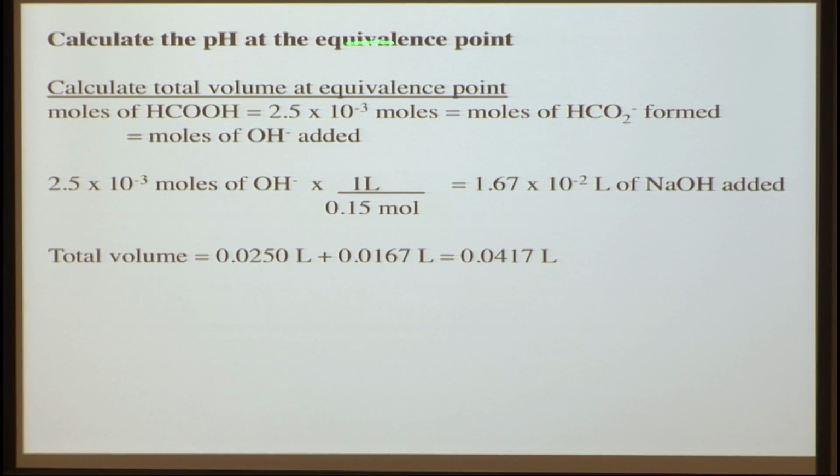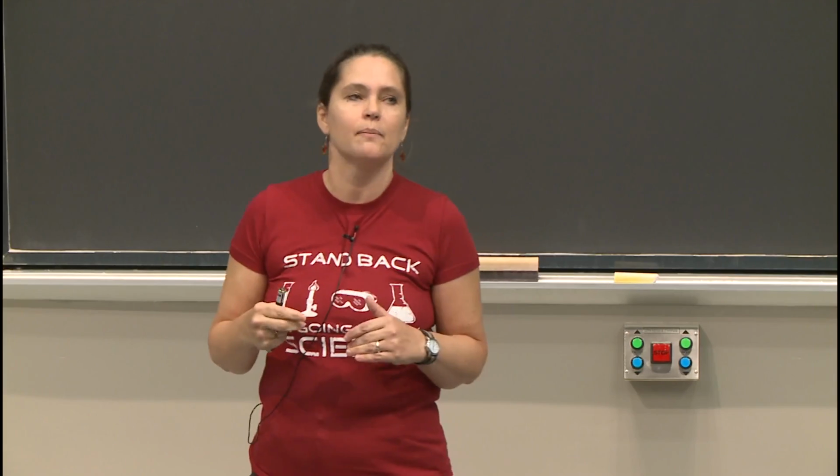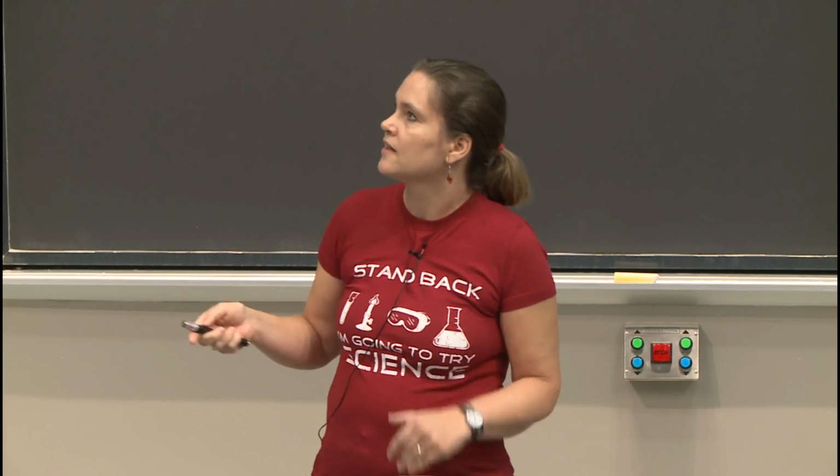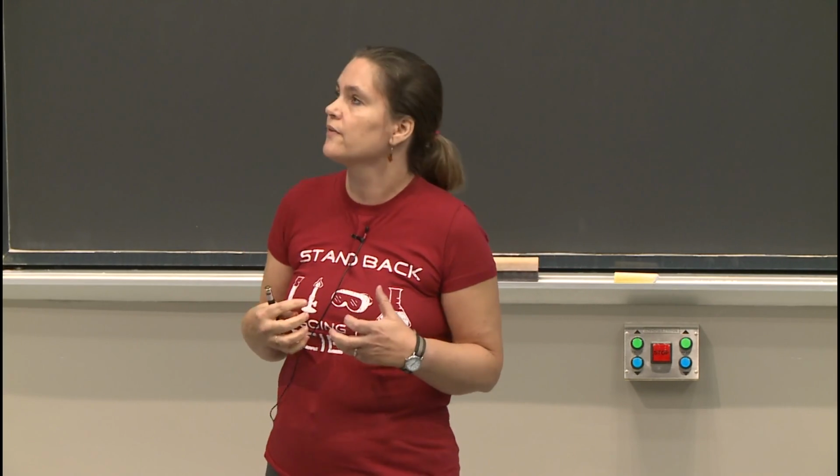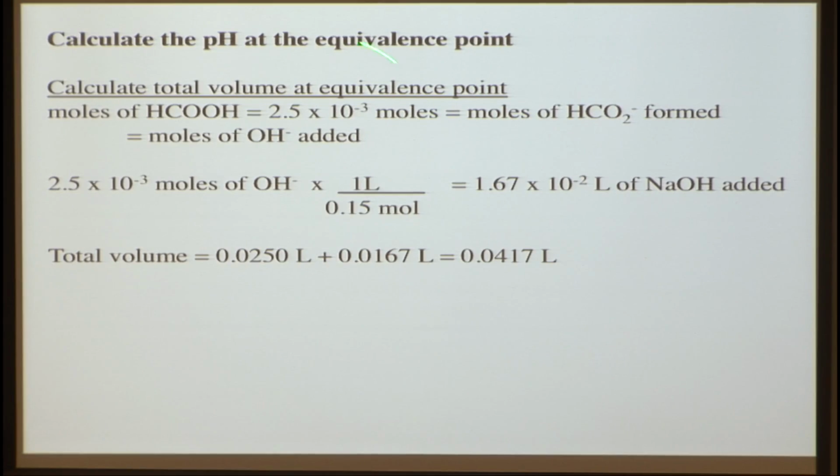So that means that at the stoichiometric point, we're going to form that number of moles of conjugate base. And that also means that to do that, we need to add that number of moles of the strong base. So we need to add 2.5 times 10 to the minus 3 moles of our strong base. We know the concentration of the strong base, 0.15 molar. So we can calculate that the volume we need is 16.7 milliliters.